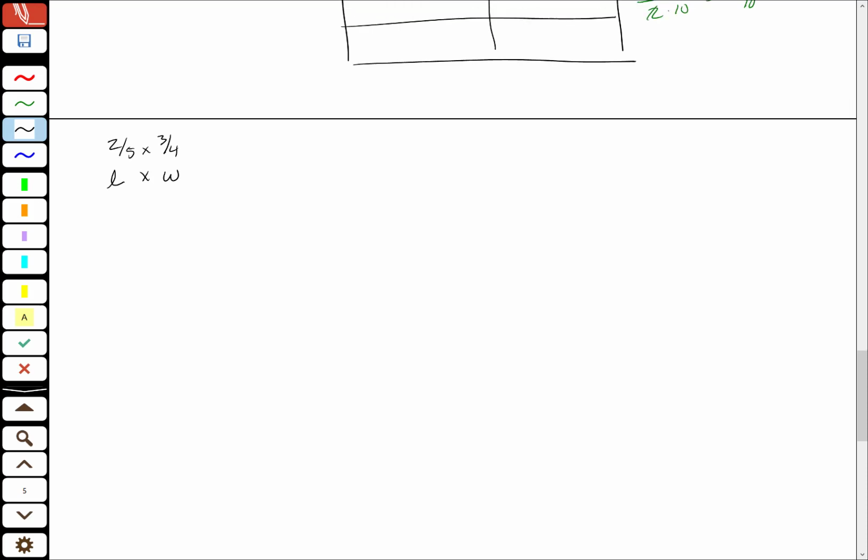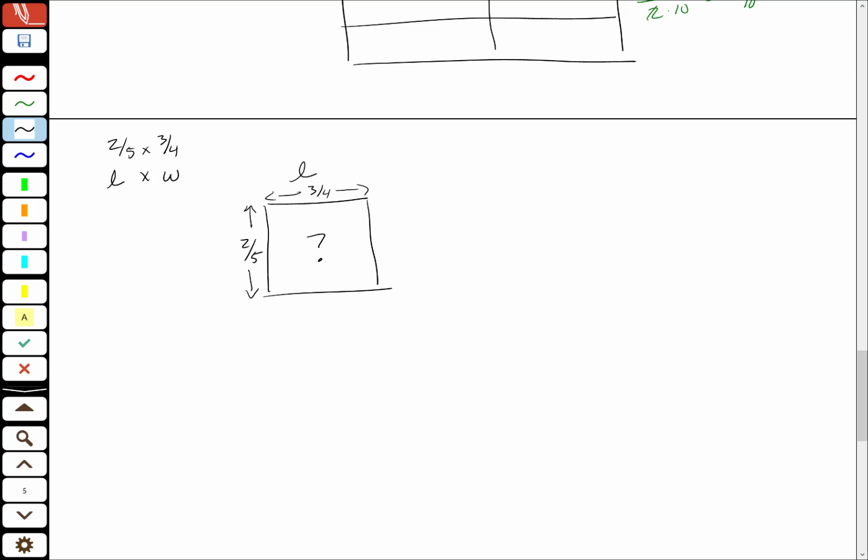And I'm thinking of this as like a length times width problem. So if I draw a rectangle, it has a length, and in this case, the length is, no, 3/4, because I did it that way in the previous problem, and this width is 2/5, and the question is, what is the area of this box if I have these two linear dimensions, right?